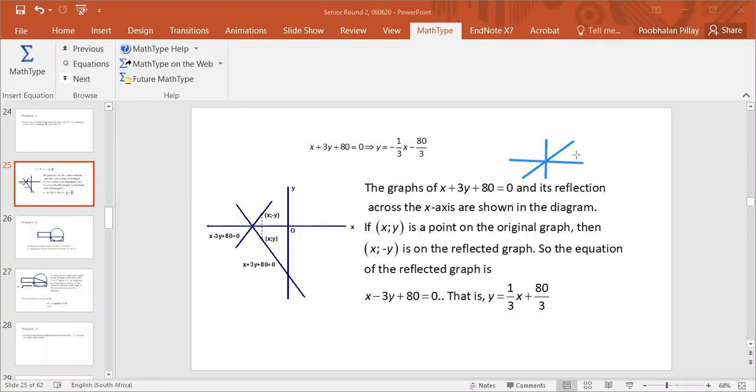Remember that when you're reflecting along the line y equals x, this happens very often: 2, 3 becomes 3, 2. 5, 6 becomes 6, 5. The new point, the reflected point, switches coordinates. So please remember that, because we will be using that fact at some time or the other.